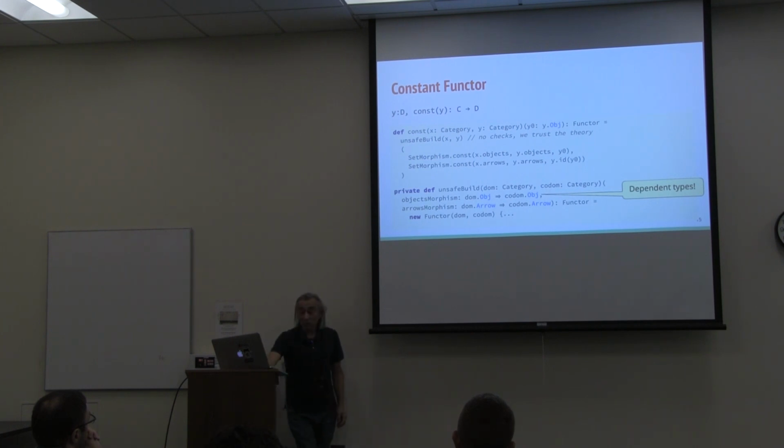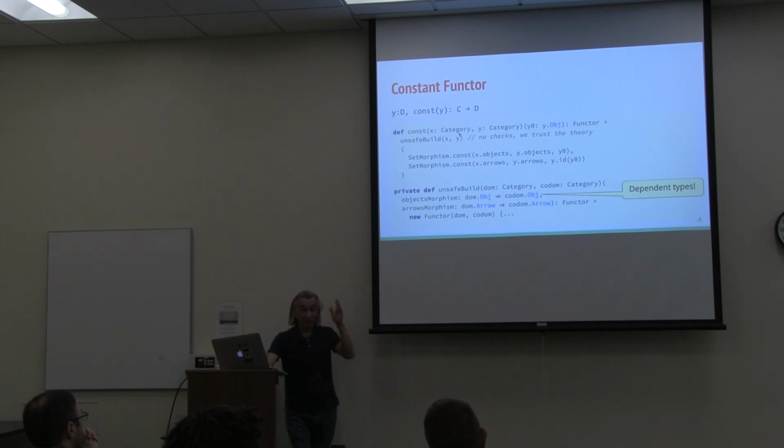And it doesn't always work, but later. So object morphism would be from objects on the domain category to objects on the codomain category. And arrow morphism is a mapping from arrows on the domain category to arrows on the codomain category. And a category is just an instance of that thing that I showed you on slide number 3.